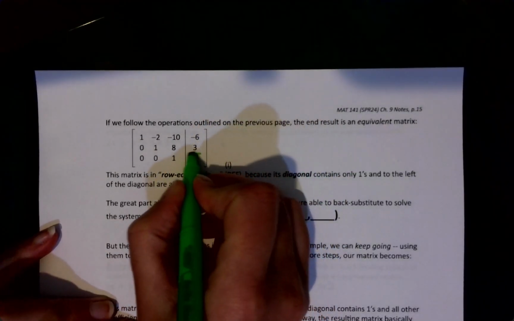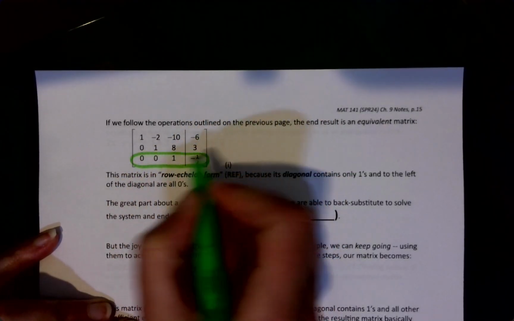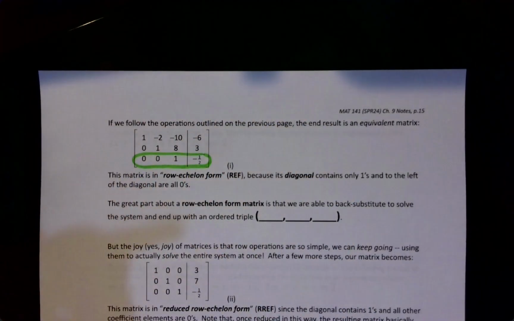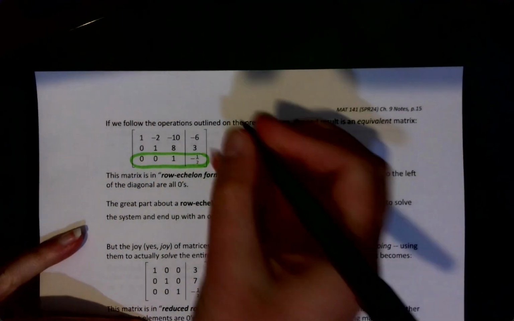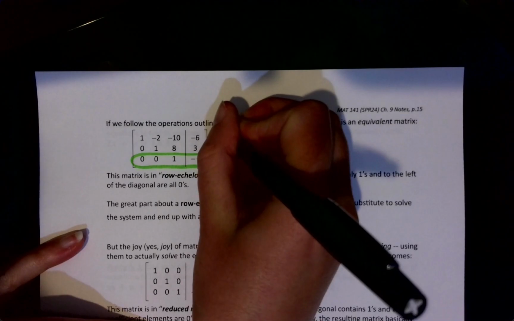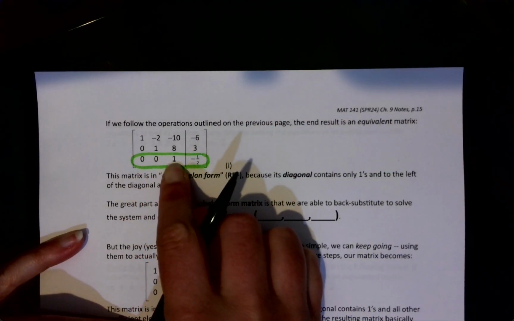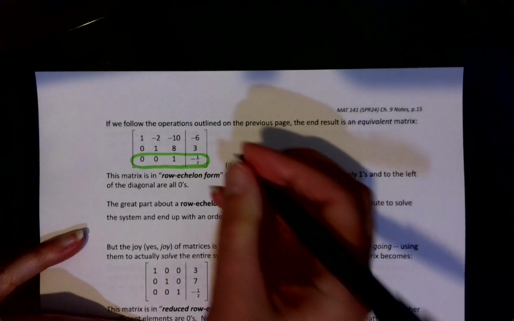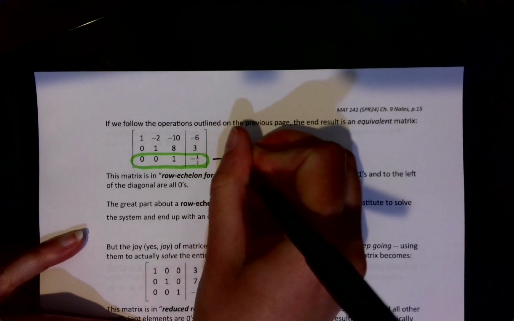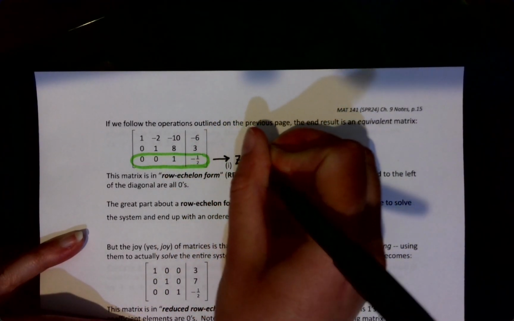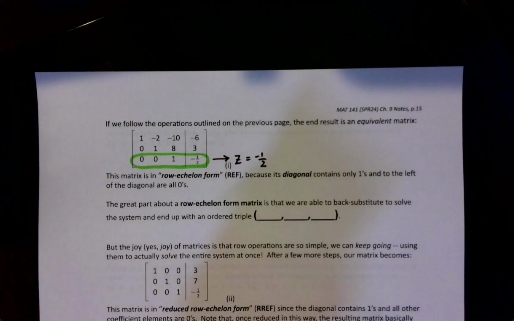Notice the bottom row right here that has 0, 0, 1, -1/2 would be read as 0x plus 0y plus 1z equals -1/2. So this bottom row tells us that the z value is -1/2.